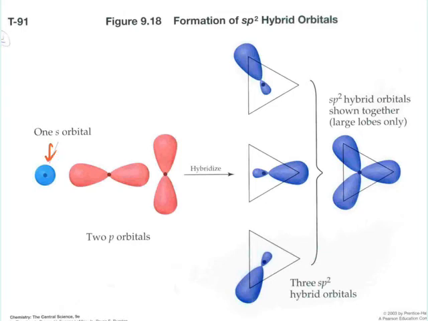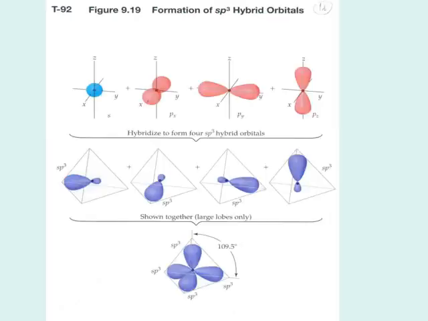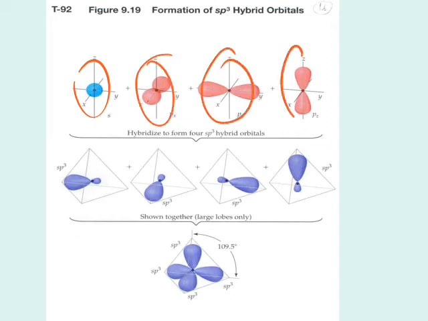This is s, this is px, py. So that gives you sp2. Here we are seeing sp3 hybridization. This is the s, and you see px, py, pz, and this gives you sp3 hybrid orbitals. And there'll be four in number because you combine four orbitals.